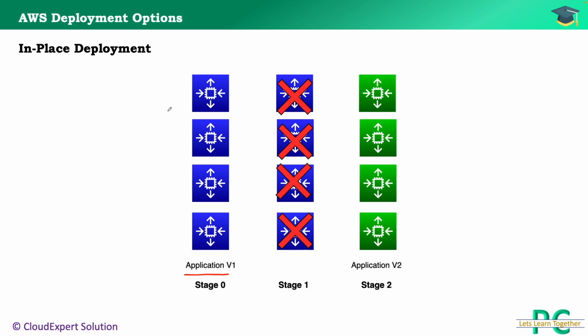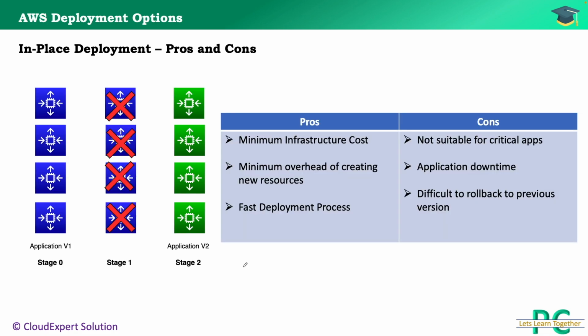After that, all the 4 EC2 instances will be updated with the new version of the application. If you observe application version 2, then your application will be restarted and your users will be able to access it. Now between stage 0 and stage 2, there will be a time period where your application will not be available to users. Now let's try to understand the pros and cons.